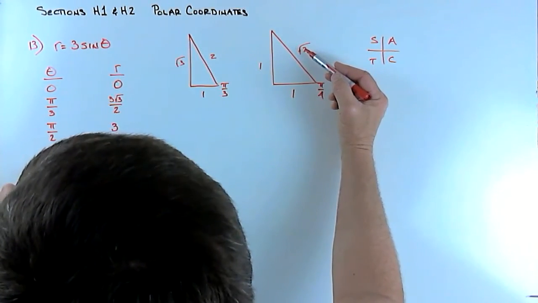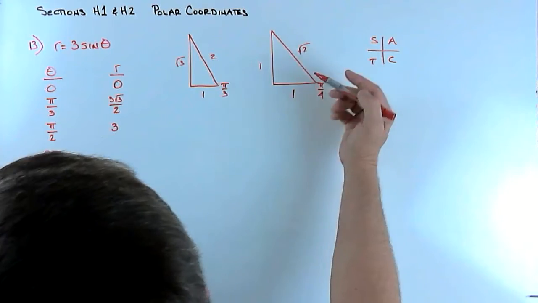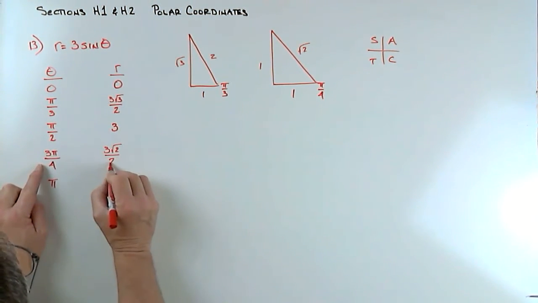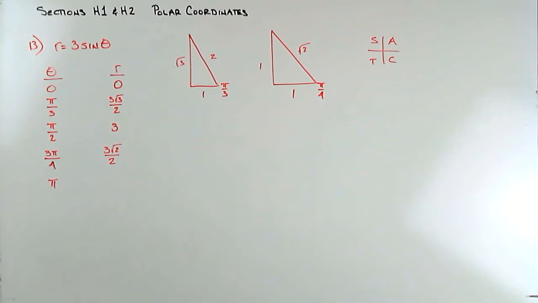That's root 2 over 2, times 3. So that's going to be 3 root 2 over 2. What about when it's pi? Well, at pi, sine of pi is 0, 0 times 3 is 0.